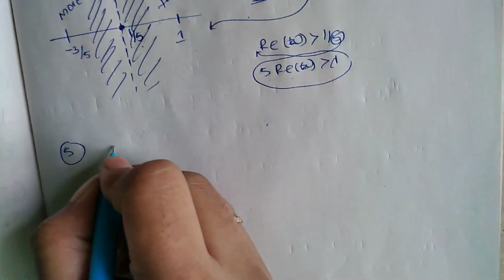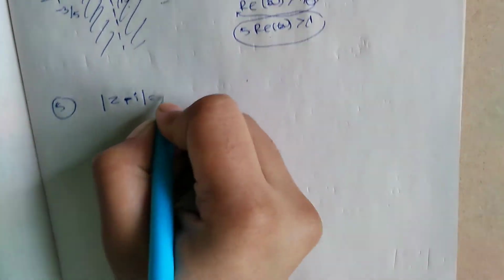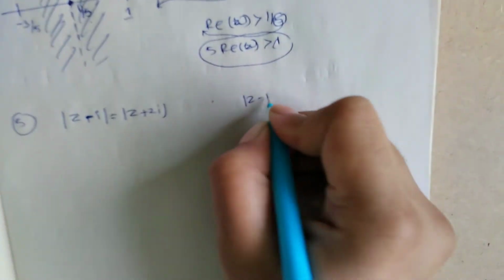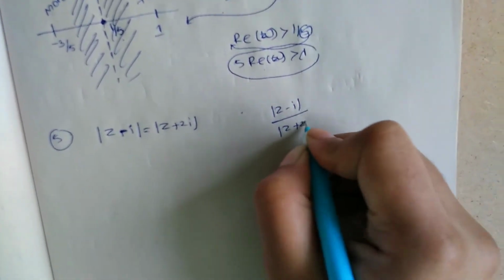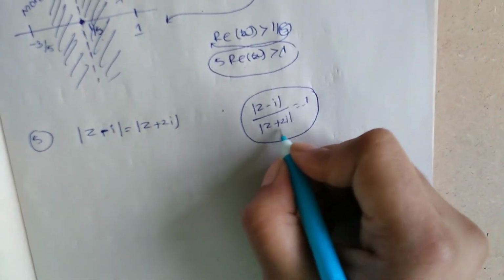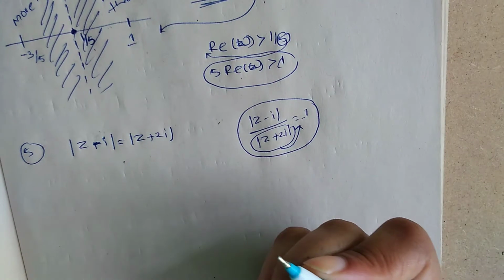Okay, let's do it. Now, can we write this as this? Yes or no? Because in the question it is given that this is equal to 1. So can I send this part to the RHS and write like this? Absolutely yes.